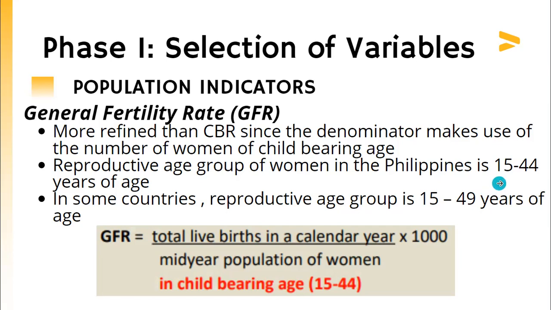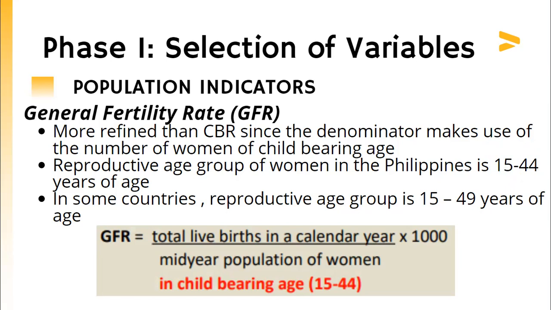Okay, so 15 is actually, for me, contestable, especially if you study OB. And 44 also, because there are actually people who do not have their menopause at 45, 46, 47.